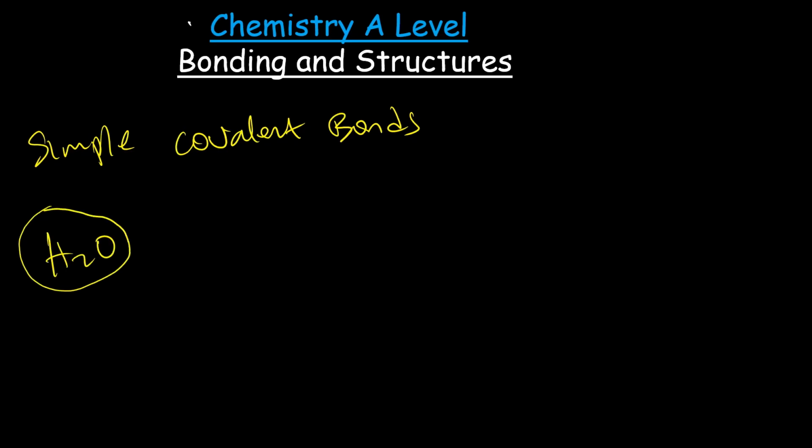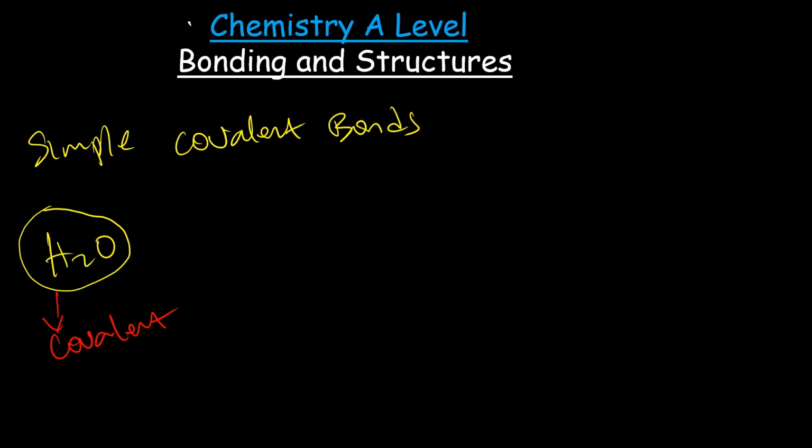The bond is strong. But when we have so many molecules of H2O, the bond that is holding the many molecules of H2O together is known as a simple covalent bond, and it is a weak kind of force. It's a kind of intermolecular force that is holding the simple molecules together.